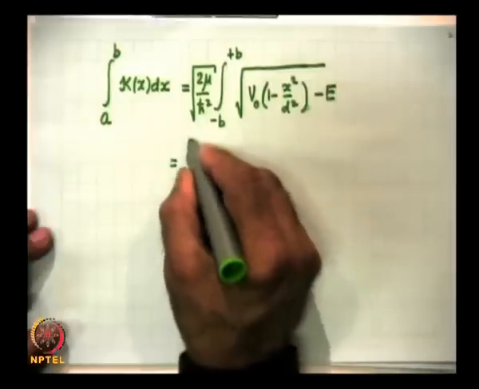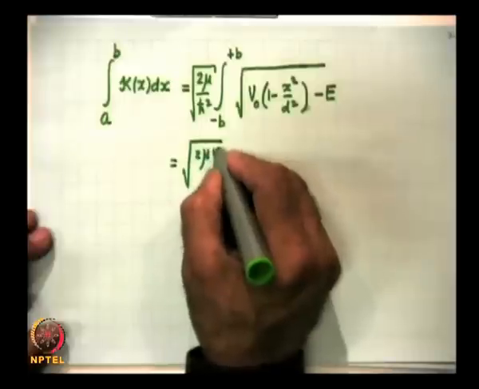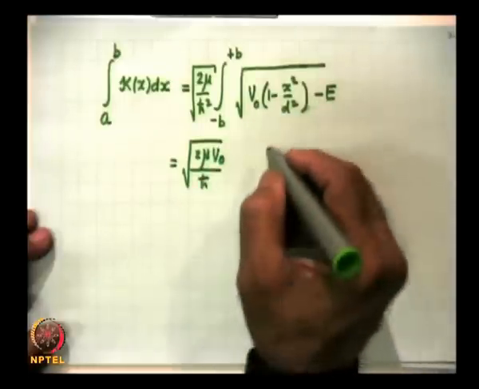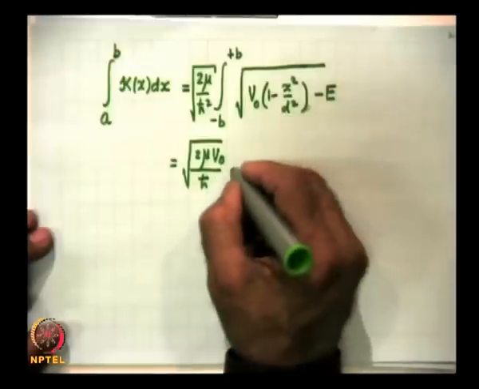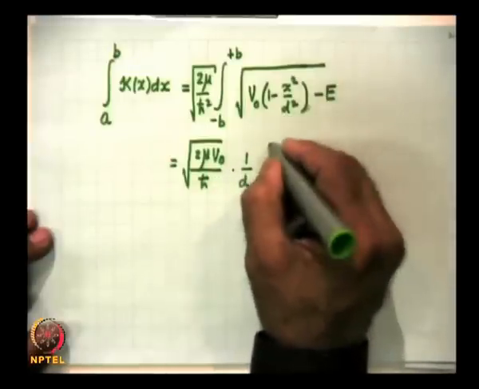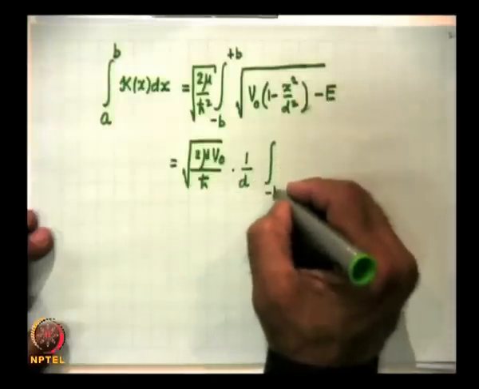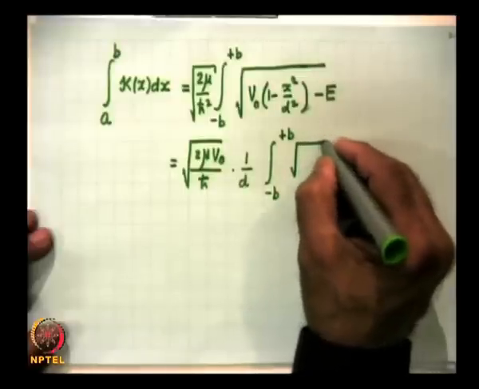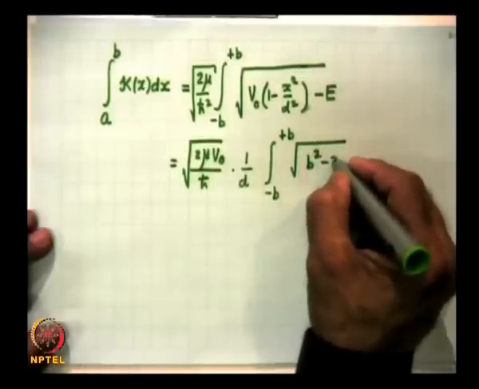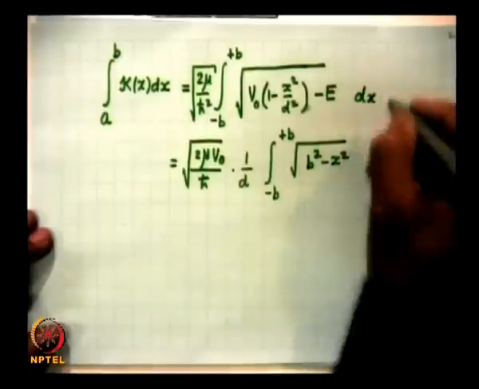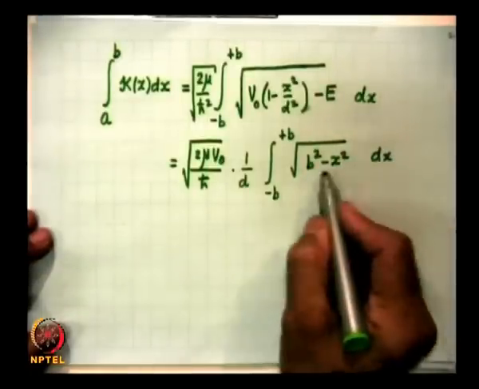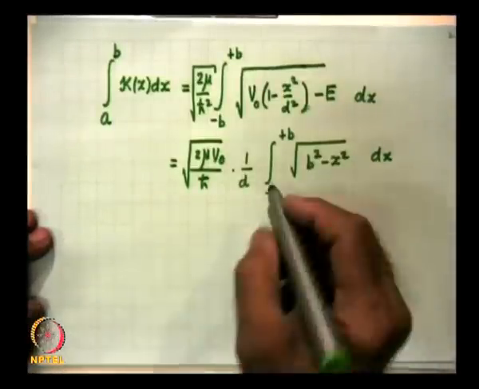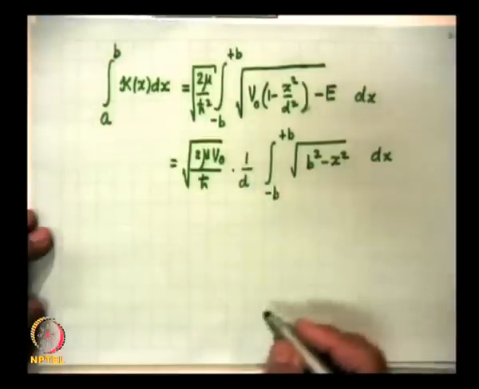So, I get 2 mu V 0 by h cross square, and I also take the square root of d square outside, so 1 over d. So, I will get the integral from minus b to plus b of under root of b square minus x square times dx. At the turning point, the integrand is 0. So, this is actually 2 times the integral from 0 to b.